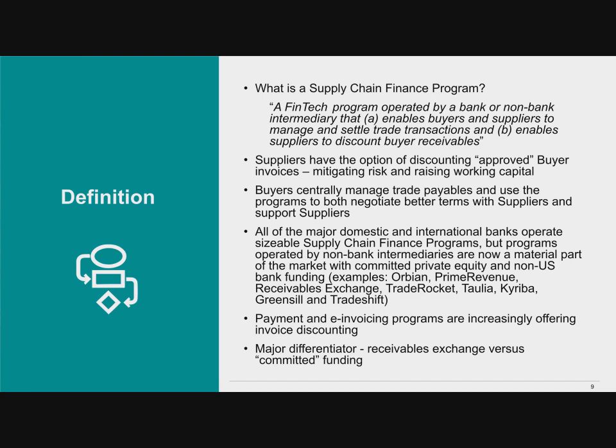Now, as I mentioned before, suppliers have the option of discounting buyer invoices, and that gives them the ability to mitigate risk. In other words, they don't have too much risk against a particular buyer, with the credit risk shifting to the program operator, and also enables them to raise working capital.